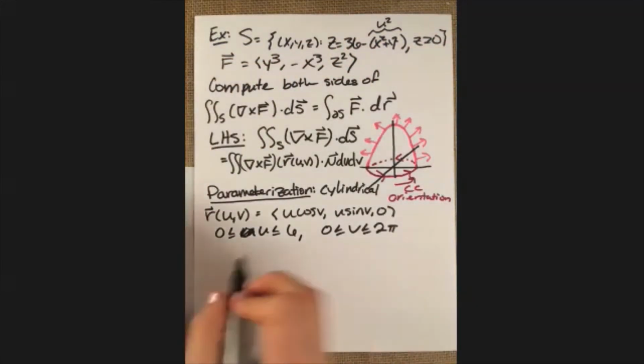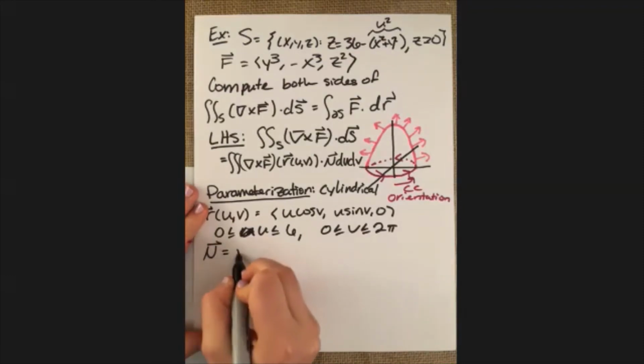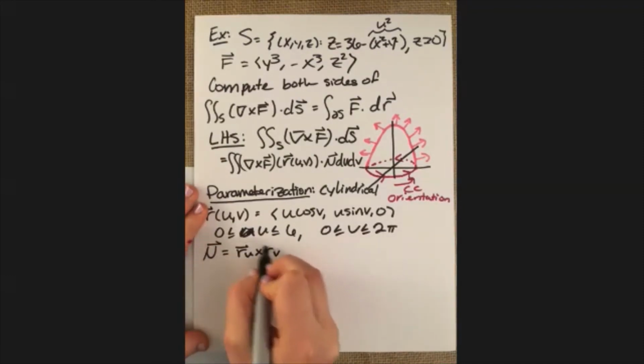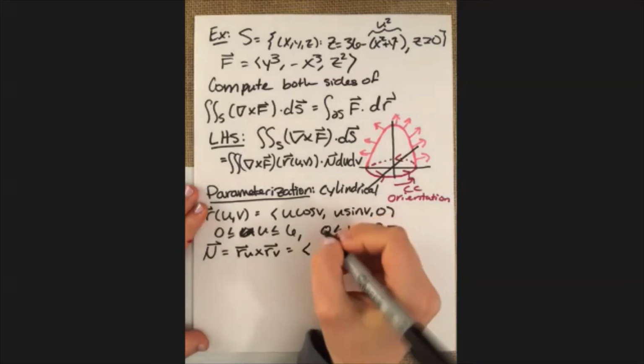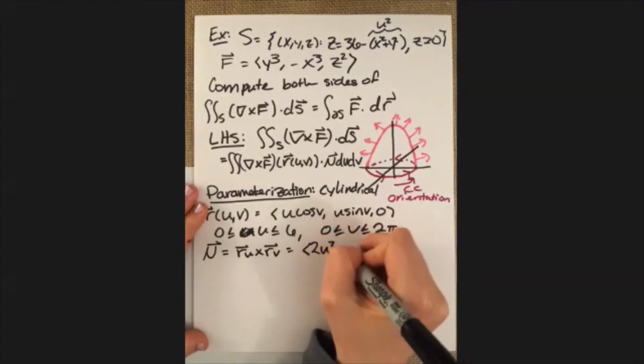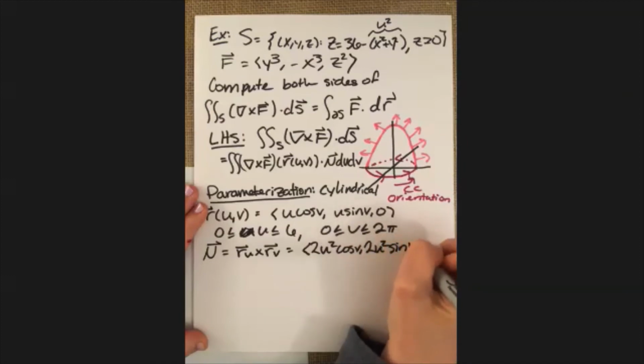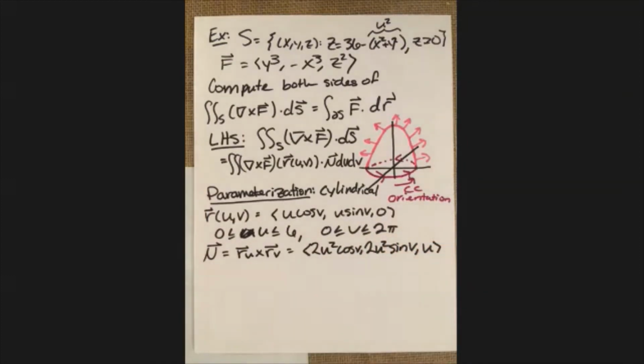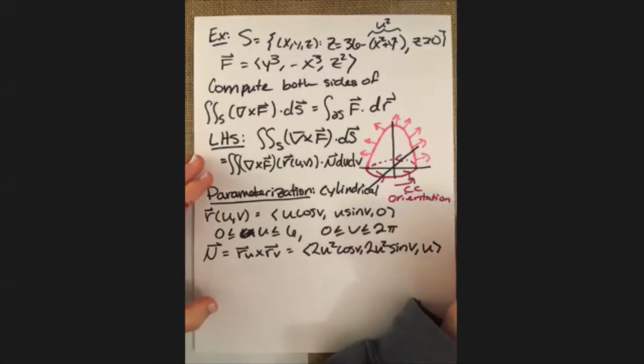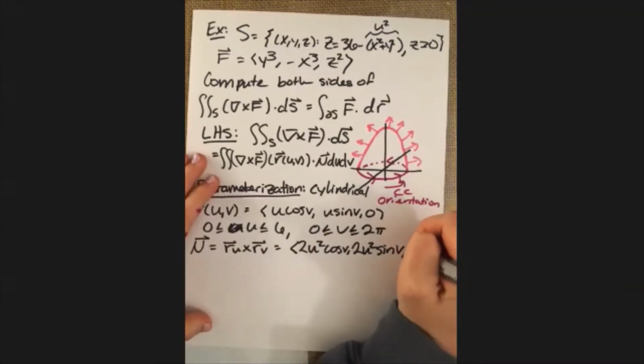Okay, so now we need to compute our normal vector. And that's just equal to 2u squared cosine v, 2u squared sine of v, and then u. And at this point, we're going to go ahead and check our orientation. So we're going to look at this component right here.